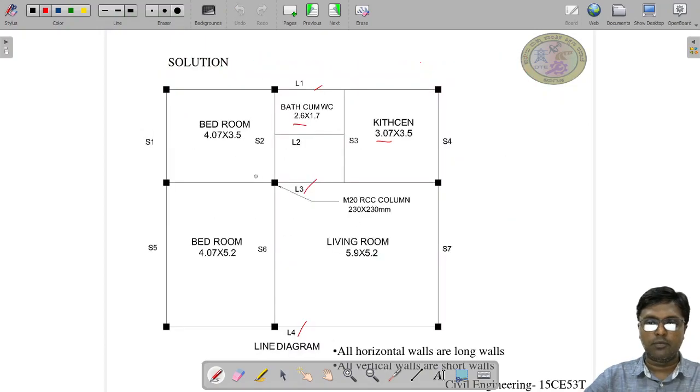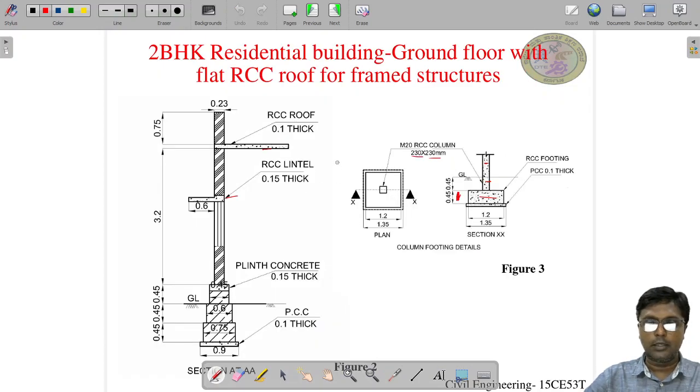How 4.1? Where is this 4.1? It is the height of the column. How to derive it? As you can see, the column is starting below the ground level here. They have not given the height, so let us derive it from here.